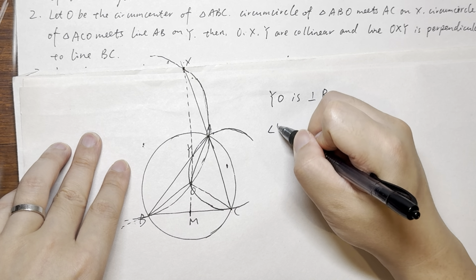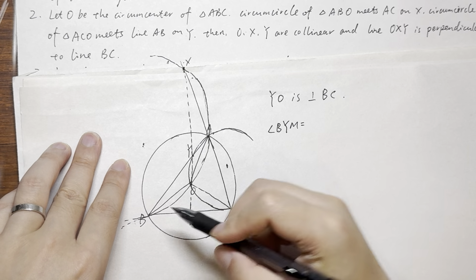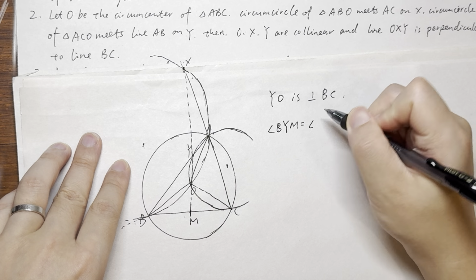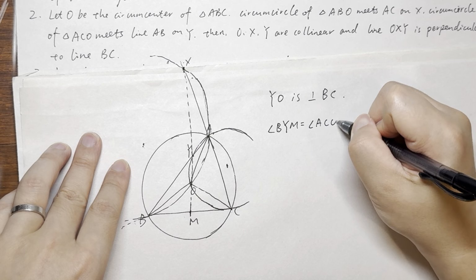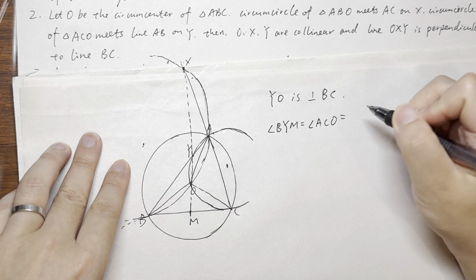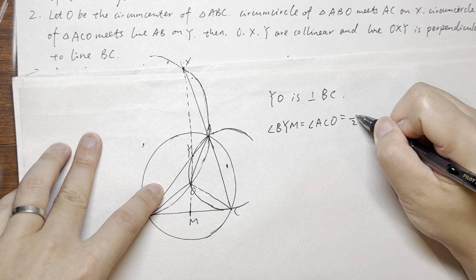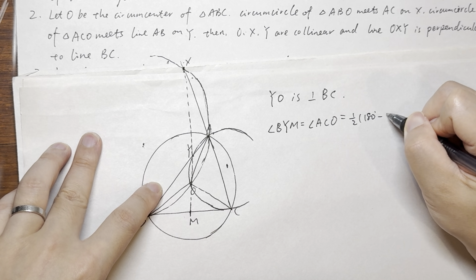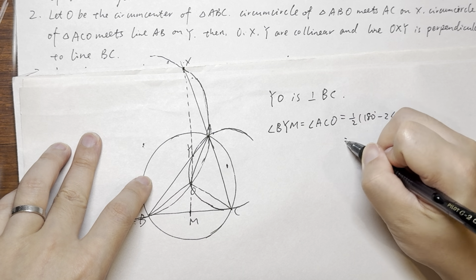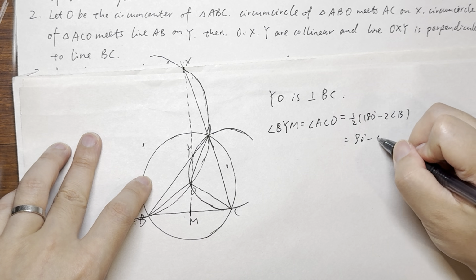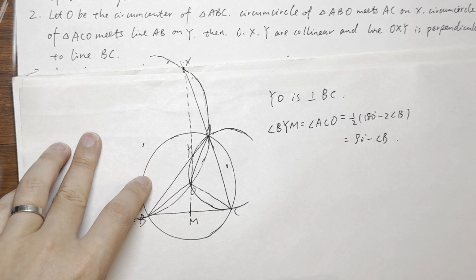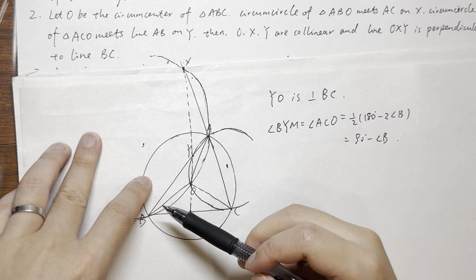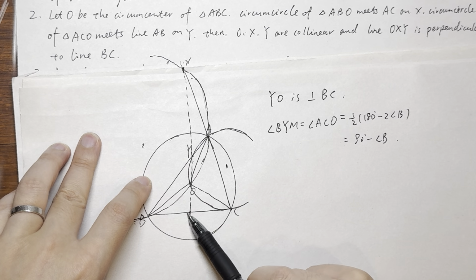So what is angle BYM? Angle BYM equals to angle ACO, right? Which equals to half of 180 minus twice angle B, which equals to 90 degrees minus angle B. That's angle BYM.